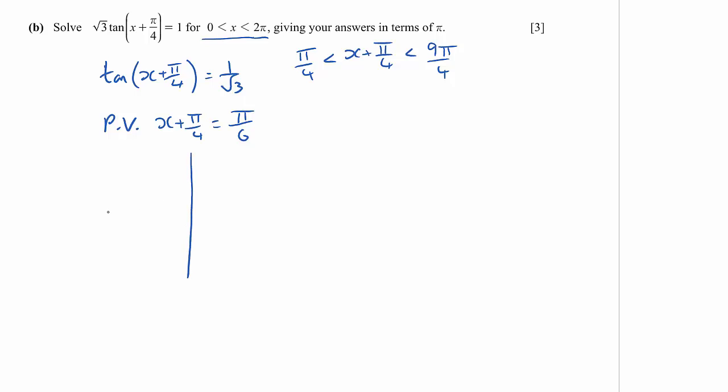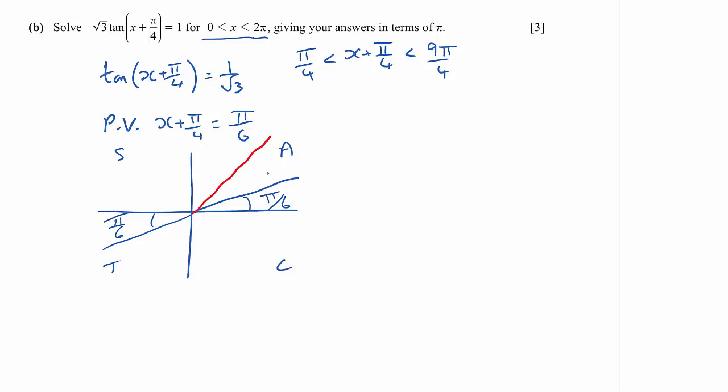So, ASTC. We've got pi by 6 and a positive tan, so the other one's down here in the tan quadrant. Now, we're actually looking for angles between pi by 4 and 9 pi by 4. So what we need to do is start here and go around. Now remember, pi is 6 pi by 6.